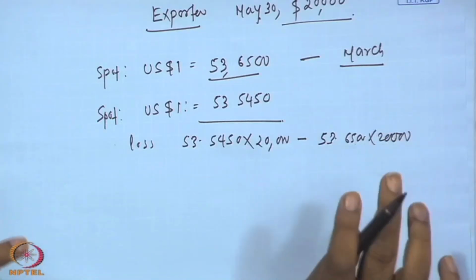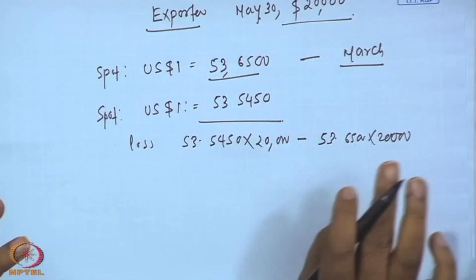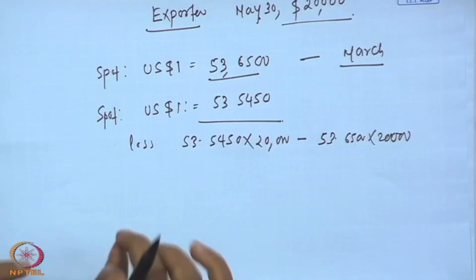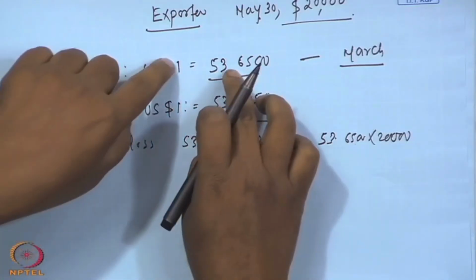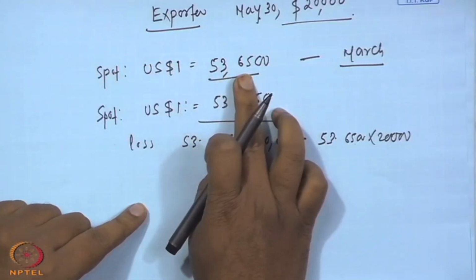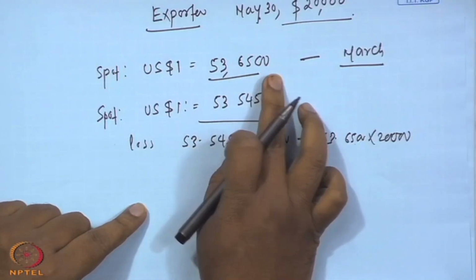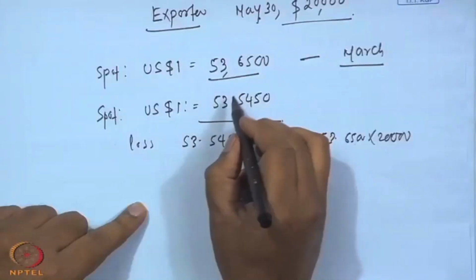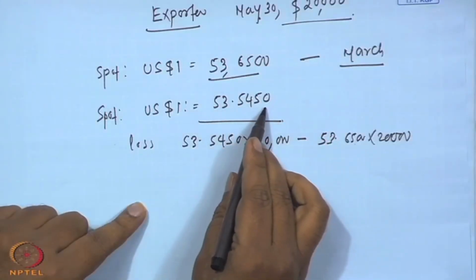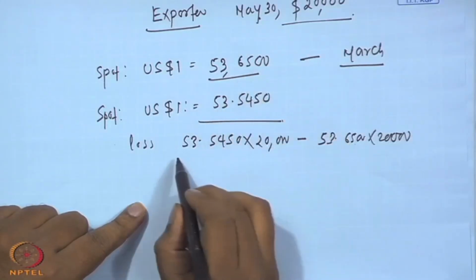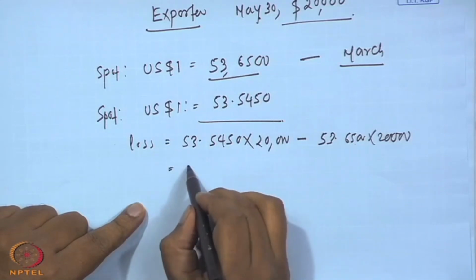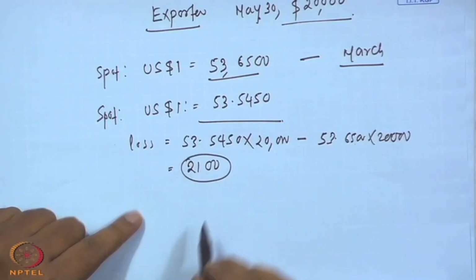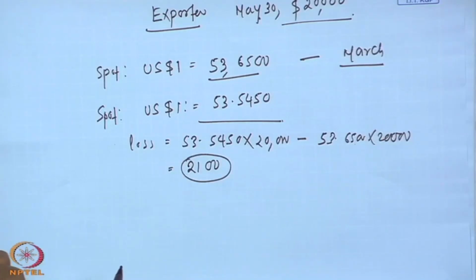If the exporter does not wait and sells today, during the month of March, he will get 53.65, but he is receiving after 3 months, in the month of May, when the exchange rate is 53.5450. So, he is getting less. If you calculate, this loss is around 2,100 rupees.